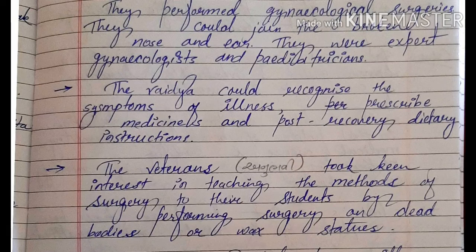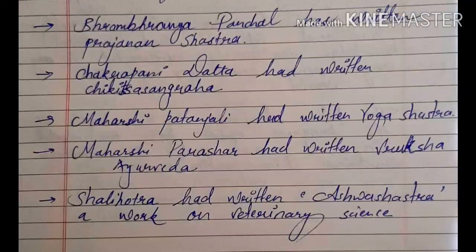The Vaidya Corps recognized the symptoms of illness and prescribed medicines and post-recovery dietary instructions. The veterans took keen interest in teaching the methods of surgery to students by performing surgery on dead bodies or wax statues.